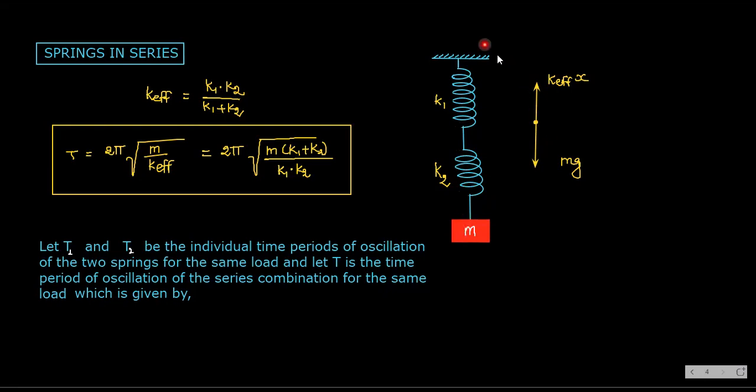If I will draw the free body diagram, you can see here, load is there in downward direction, that is its weight, and weight is equal to mg, whereas in upward direction, restoring force will act, because when this load will pull it down, these two springs, whatever the restoring force is there, it will try to pull it back to its original position.